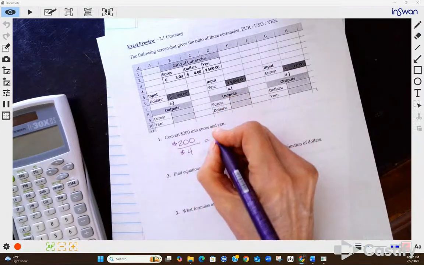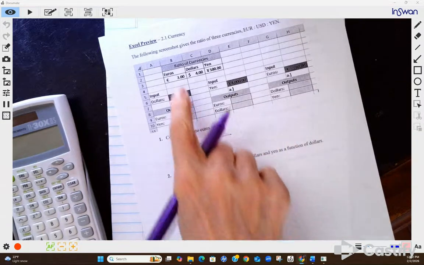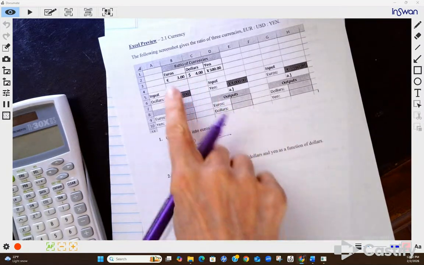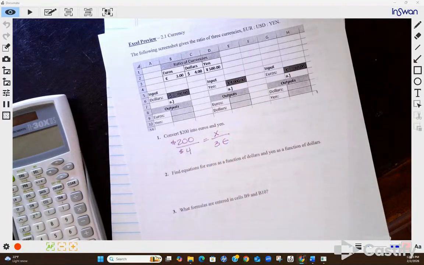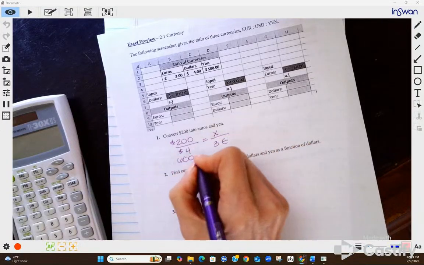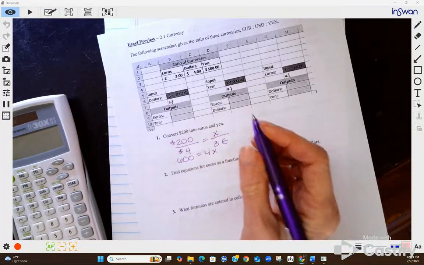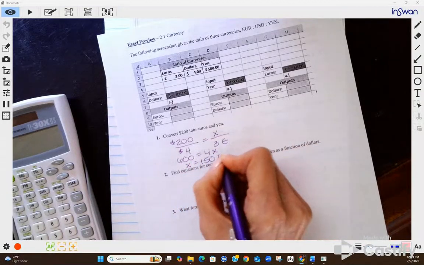And then I'm trying to figure out the $200 is how many euros, and the conversion rate for $4 is 3 euros. So you can set up a proportion there, cross multiply, you get 600 equals 4x, and divide by 4, and you get x equals 150 euros.